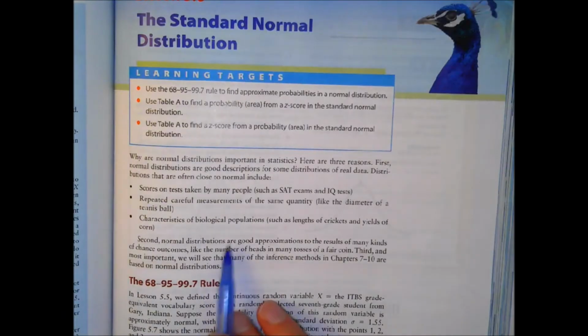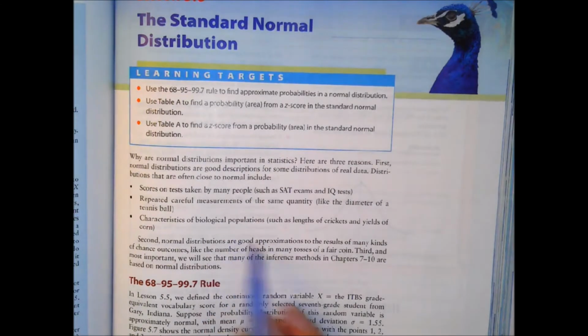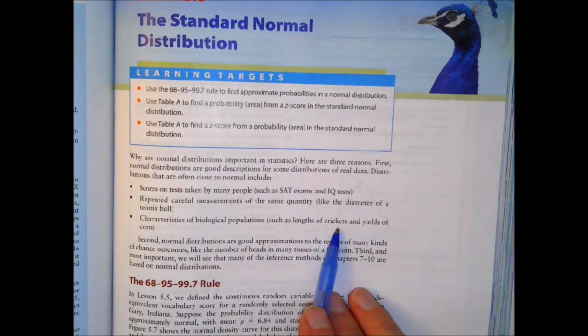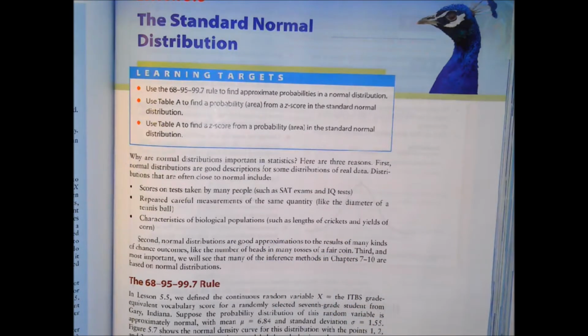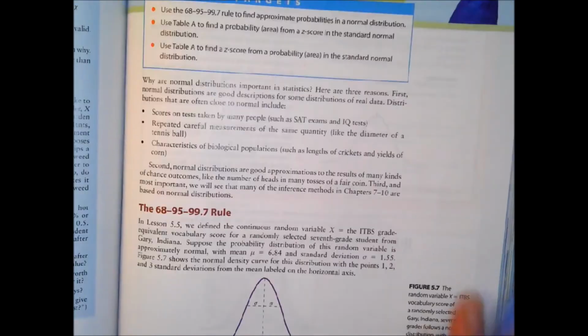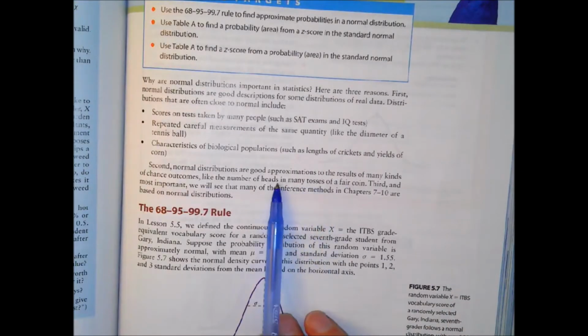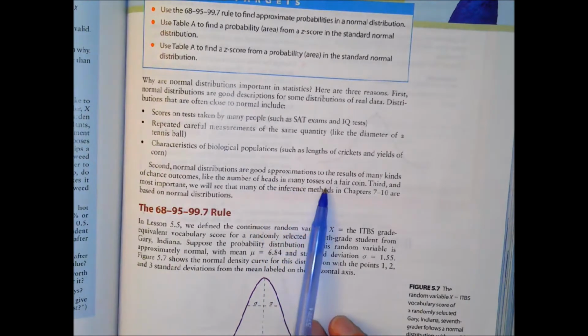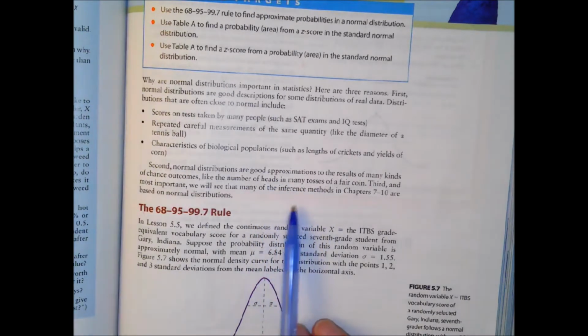Biological patterns, such as lengths of crickets and the yields of corn in a field, all follow this normal distribution pattern. Also, it's a good approximation for results of chance outcomes, like the number of heads in many tosses of a coin.